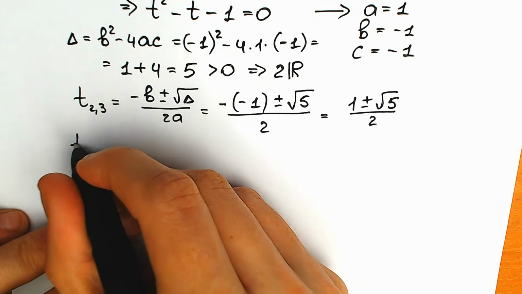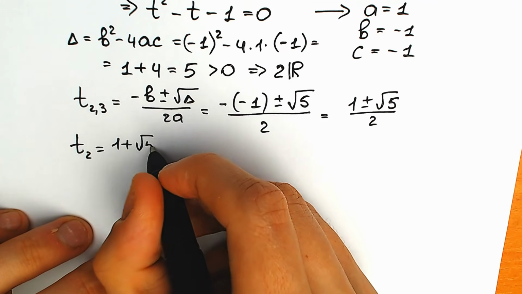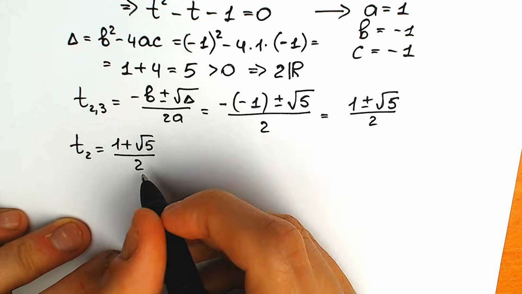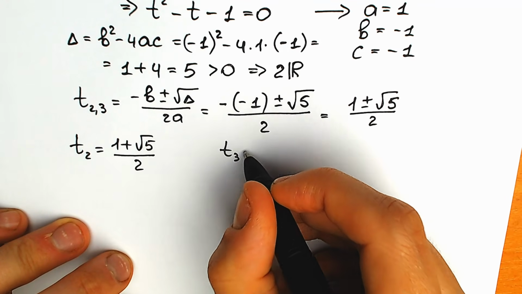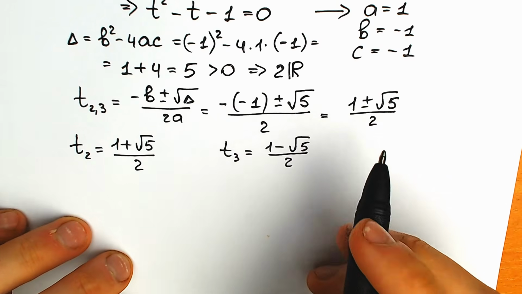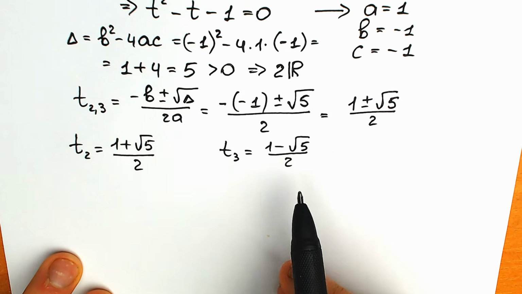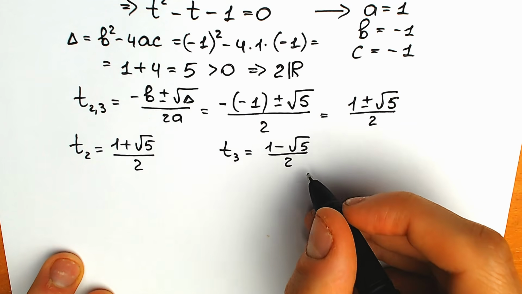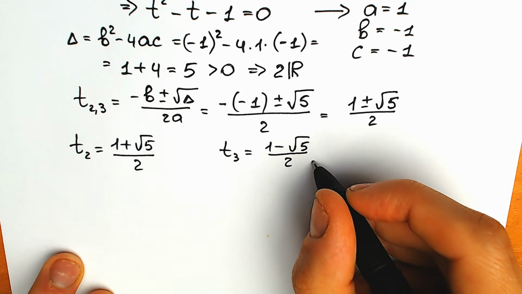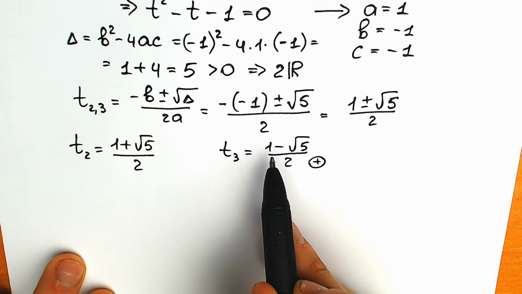As a result, we have t second, let's go with the plus sign, 1 plus square root of 5 over 2. And t third equal to 1 minus square root of 5 over 2. And I really hope you understand that if we look closely at t third, 1 minus, of course 2 is positive, obviously, and our denominator is positive. What about this numerator, 1 minus square root of 5?